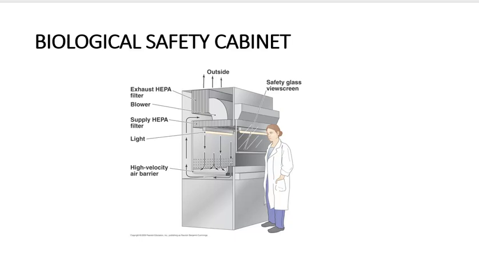Basically, you have an airflow. Air comes in, and there's an exhaust fan out, and you have a glass screen, and the air flows like this. You're working underneath this. And this glass, if you lift it too high, an alarm will ring and say, you got your glass too high, you need to lower it down.